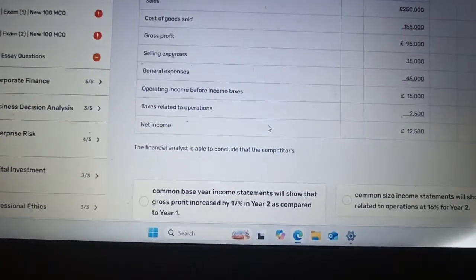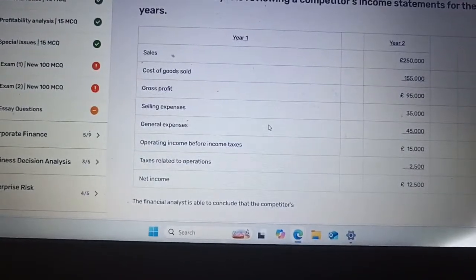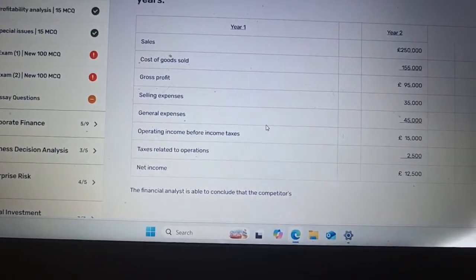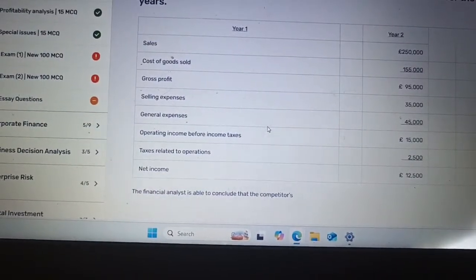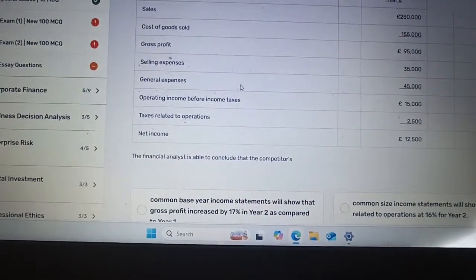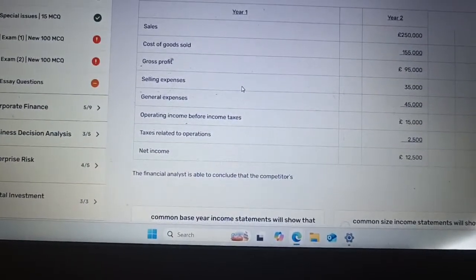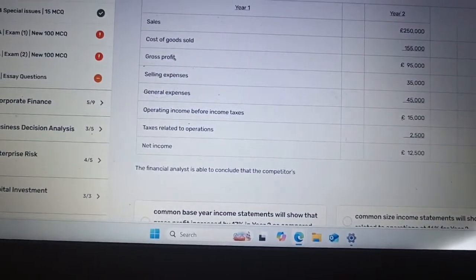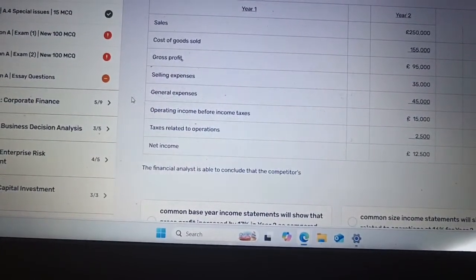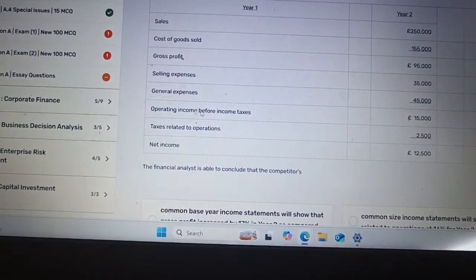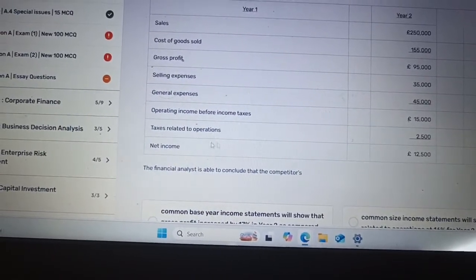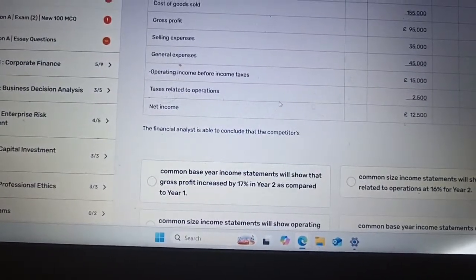Okay, this is a mathematical question. A financial analyst is reviewing a competitor's income statement for the past 2 years. Here is given the competitor's income statement for year one and year two: cost of goods sold and gross profit, selling expenses and general expenses, operating income before income tax, tax related to operations, and net income.